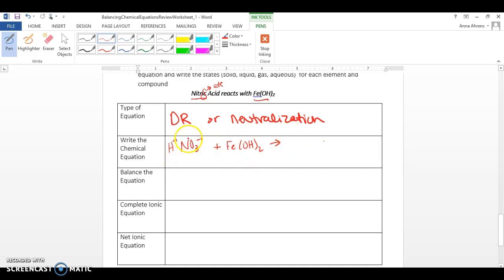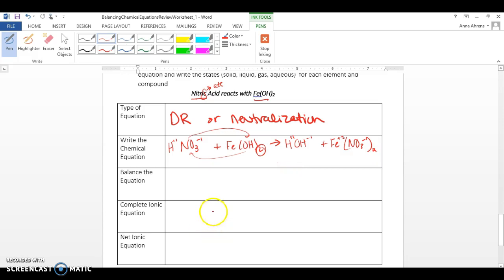This is going to move here, this is going to move there. So we get HOH, +1 charge, -1 charge, plus Fe, which is a +2 charge. I know that because of this right here, it tells me the charge of iron, and nitrate, NO3, with a -1 charge. So crisscross applesauce, we get 2.